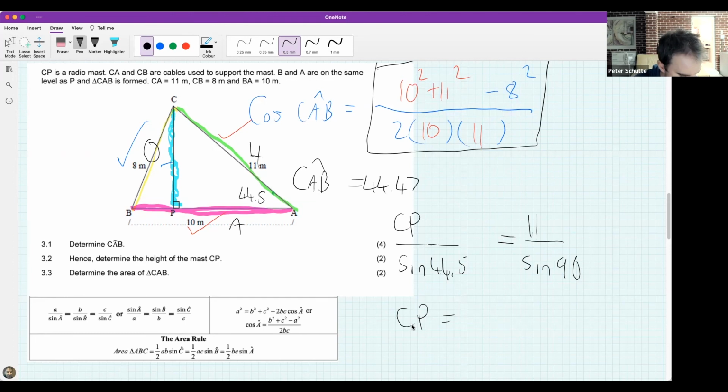Okay, so, again using one decimal place, we should be getting 7.7. So this is going to be 7.7.